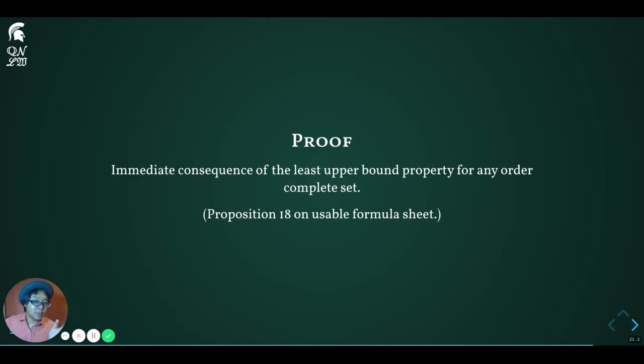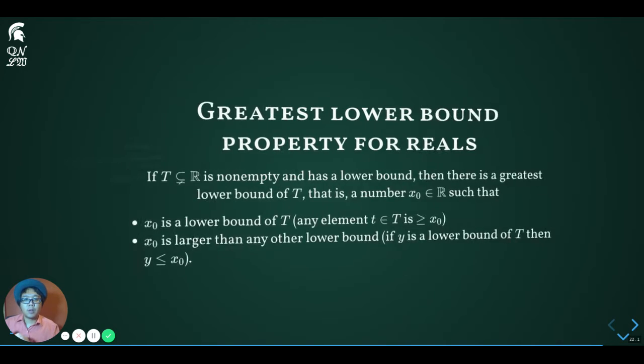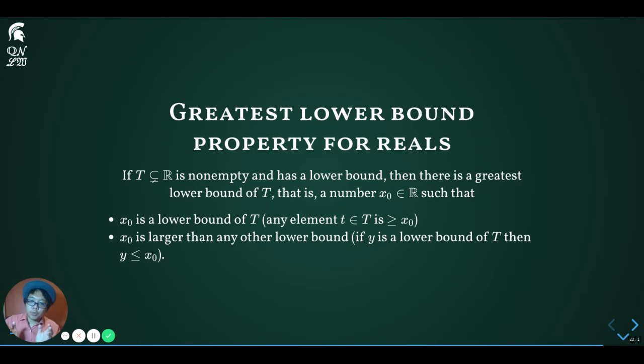This proposition is a direct consequence of the one for general order complete sets that we talked about in lecture 3. We can also rephrase the least upper bound property in terms of the greatest lower bound property. This says that if T is non-empty and bounded below, then it has the greatest lower bound.